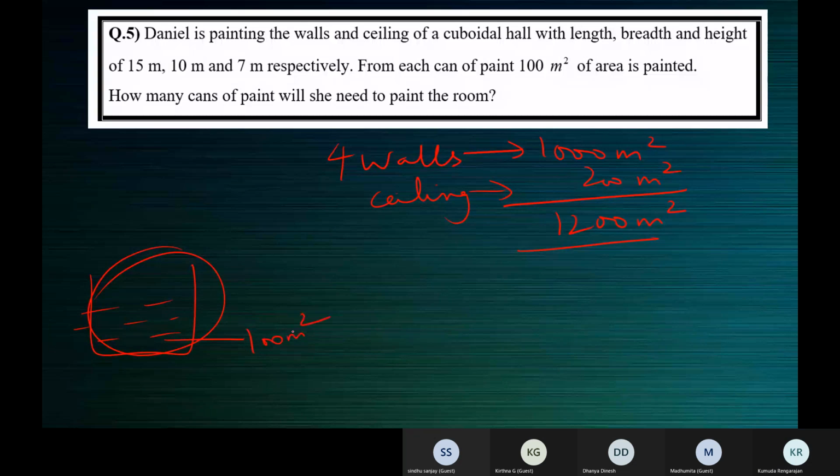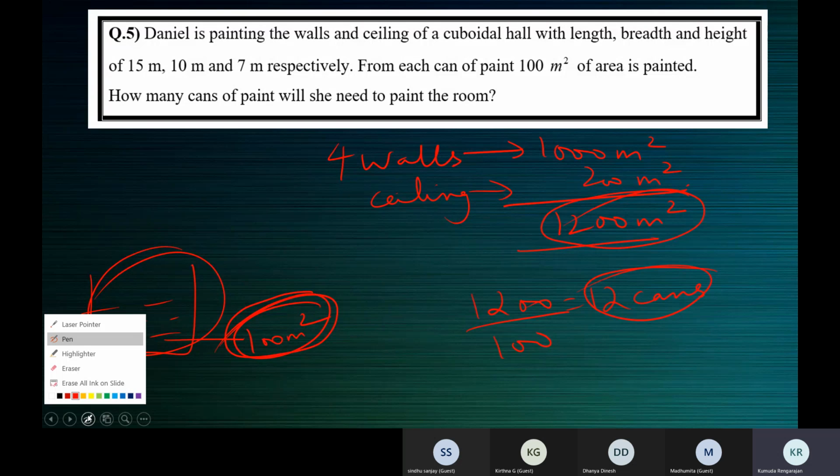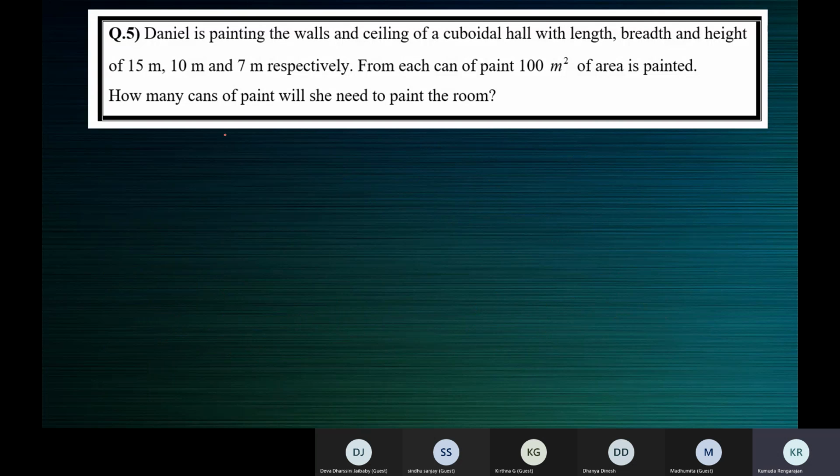So if you buy one, you can paint this much area. How much should you buy to paint this area? So as Madhumita said, it will be 1200 divided by 100, which is 12 cans. 12 cans you need to buy. Do the same thing here.